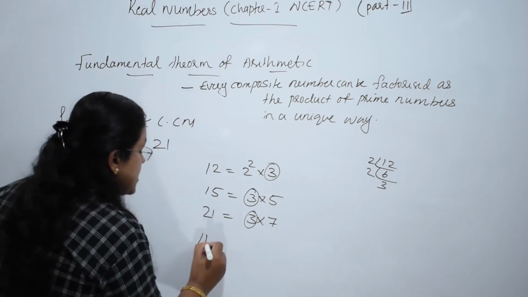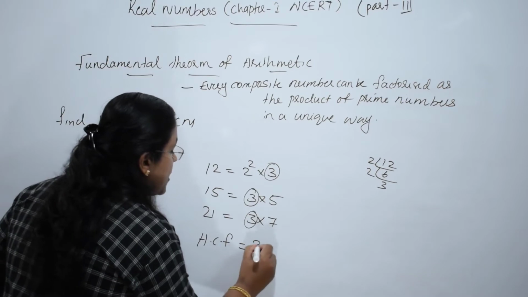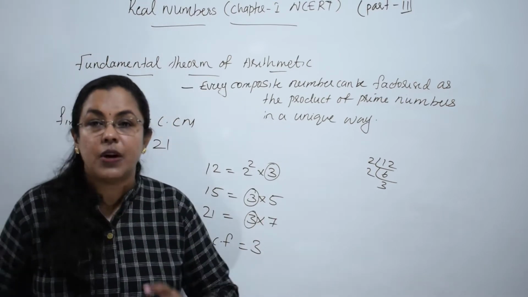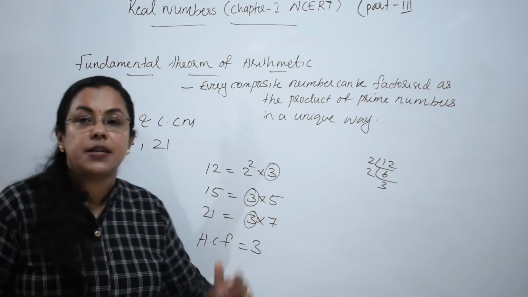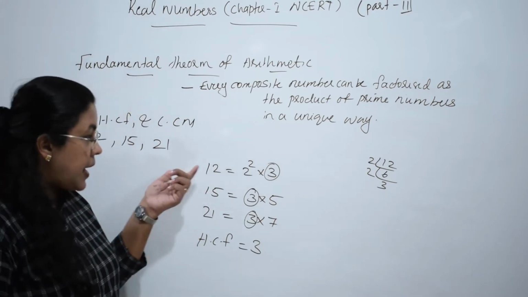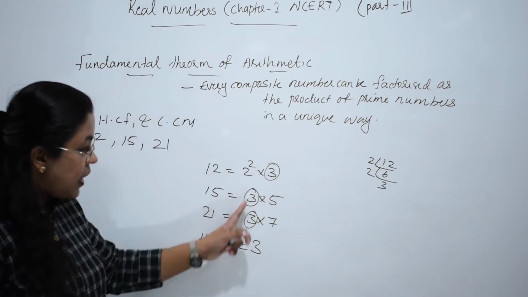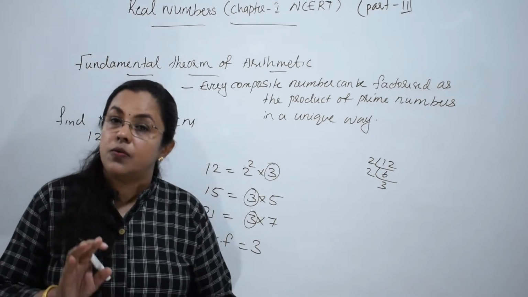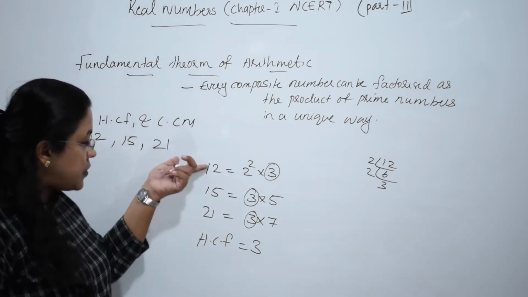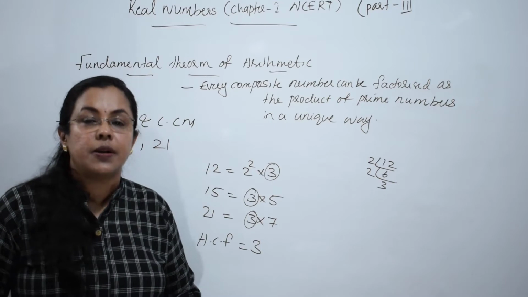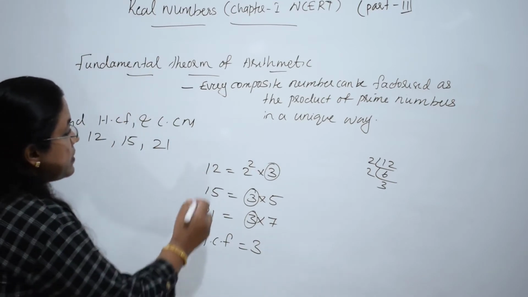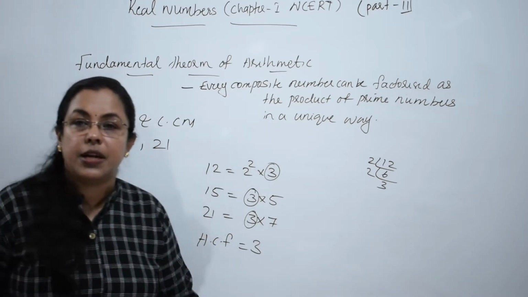So, its HCF is equal to 3. What is the first step? Factorize it, we can write it as the product of primes. Second step, find what is common in all the 3. HCF of 12, 15 and 21 is 3.